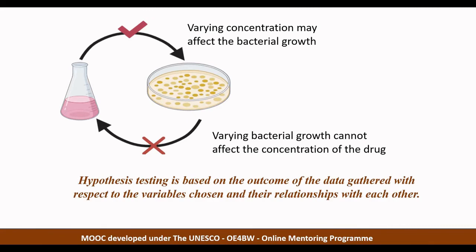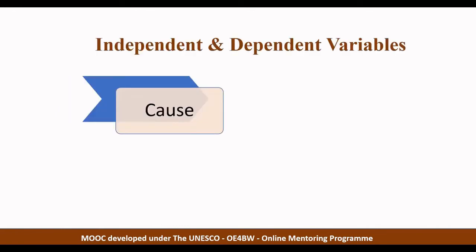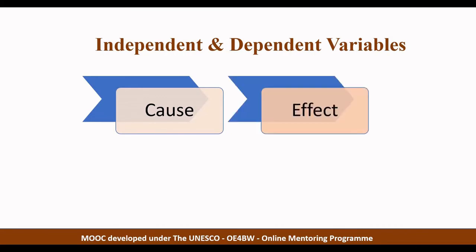Thus, hypothesis testing is based on the outcome of the data gathered with respect to the variables chosen and their relationships with each other. So, here we have a situation of a cause that leads to a corresponding effect.